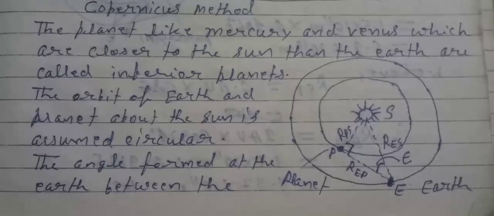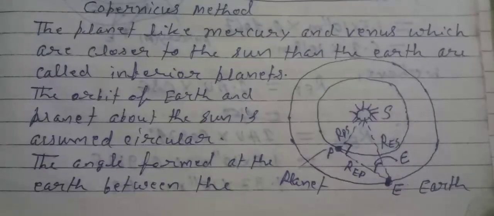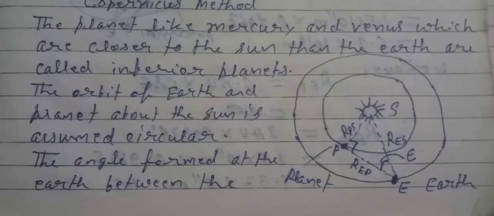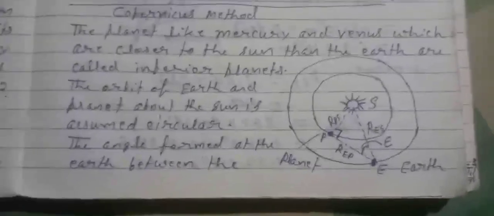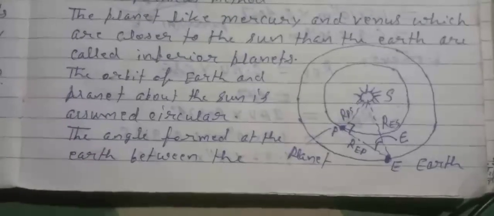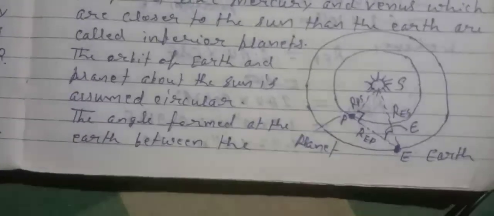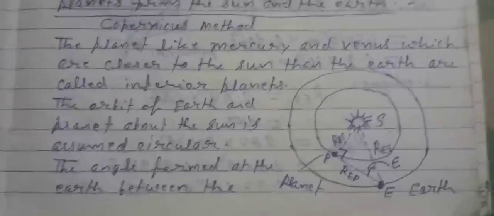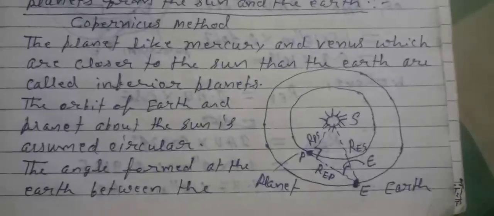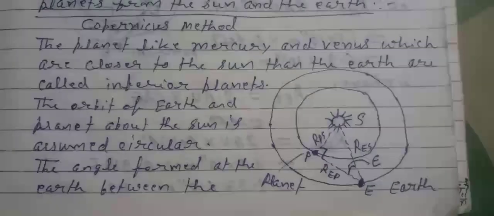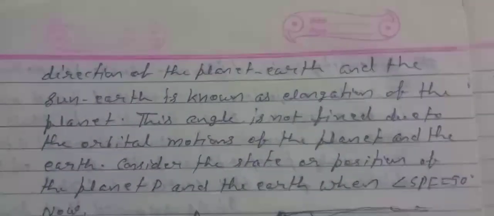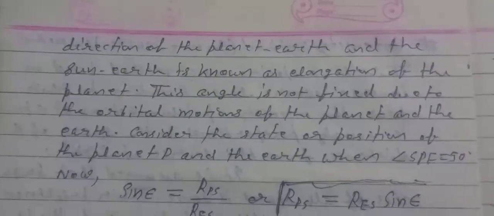The orbit of Earth and planet about the Sun is assumed circular. The angle formed at the Earth between the direction of the planet and Sun, that is between the direction Earth to planet and Earth to Sun, is known as elongation of the planet.